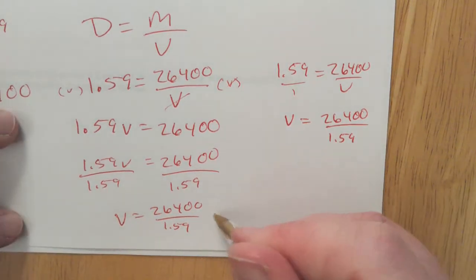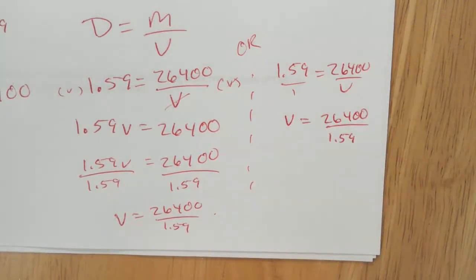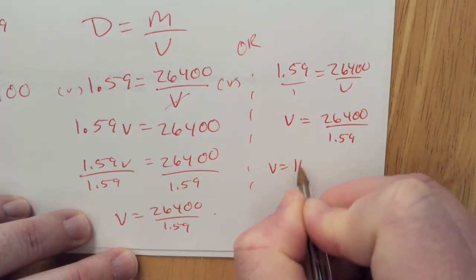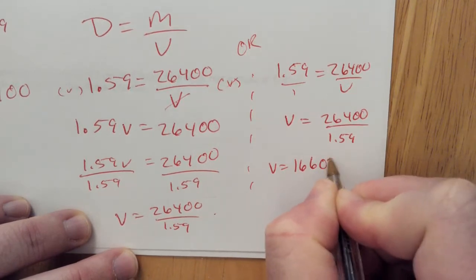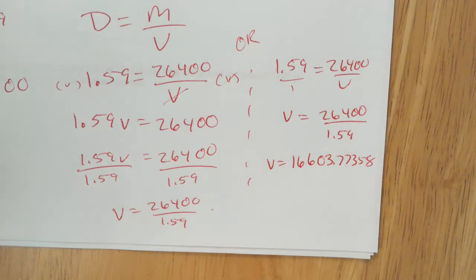Anyway, okay. All right, so now let's actually divide those. 26400 divided by 1.59. And we get volume is equal to 16603.77358. So notice we're doing all of our decimals while we're doing our work.